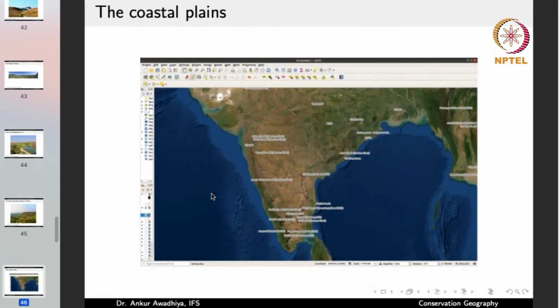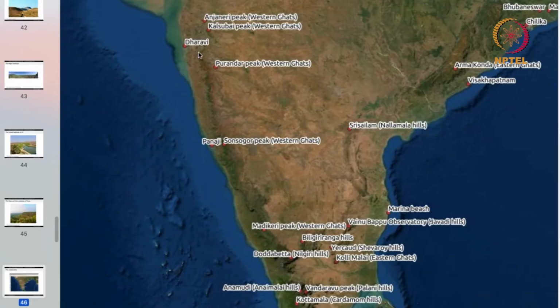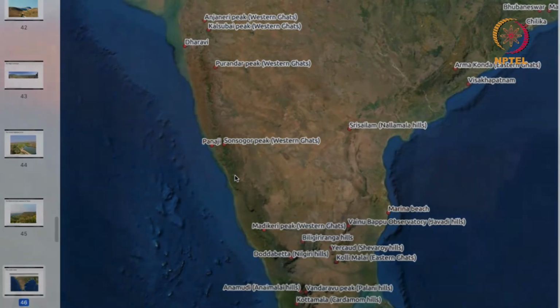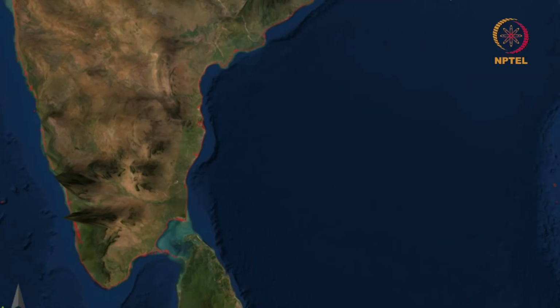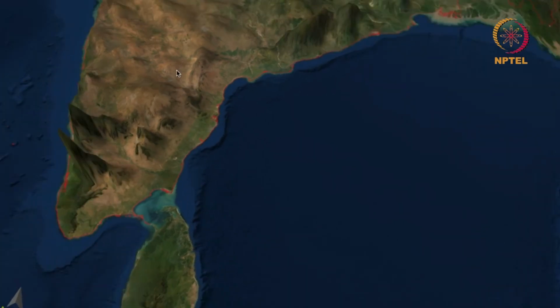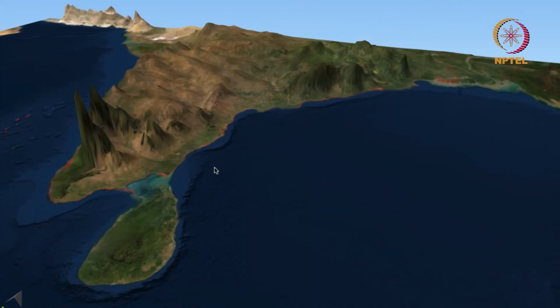Now after the peninsula we can talk about the coastal plains. Now in these coastal plains we have a large number of ports and shipyards. So this is the coastal plains. Now the coastal plains, as the name suggests, they are near the coast and they are very plain areas.